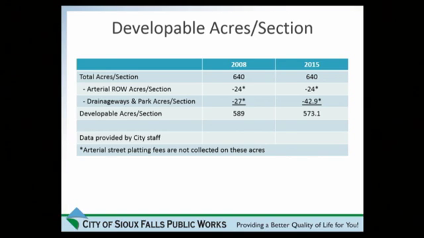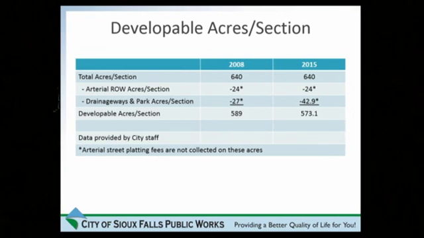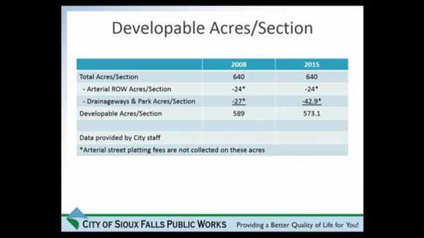And then we subtract out the acres of green space, so drainage ways, parks, recreation areas. We've seen, as we've gotten on the outsides of the city, that amount of green space has gone up. And just another note, we do not charge the arterial street platting fee on the arterial street right-of-way or on that green space.